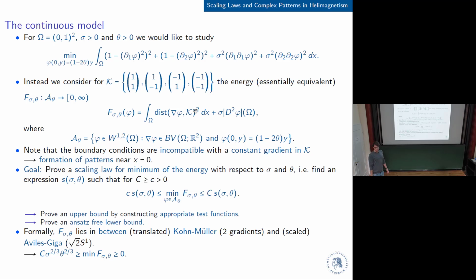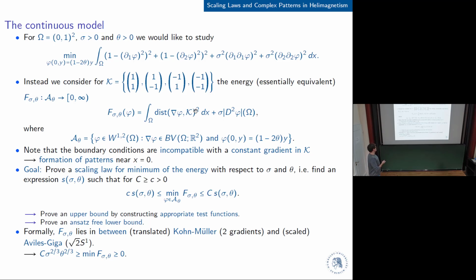Before we really dive in, let me briefly mention that the model that we have here lies in between two very well-known and well-studied things. The first one would be, say, 2 gradients, where you replace K by this guy, only the set where this guy and this guy is in. This was, for example, studied by Kohn-Müller and then many more people later.